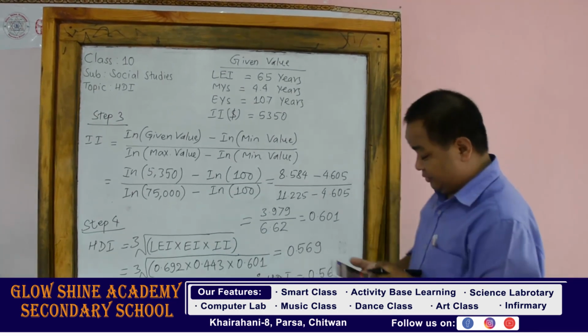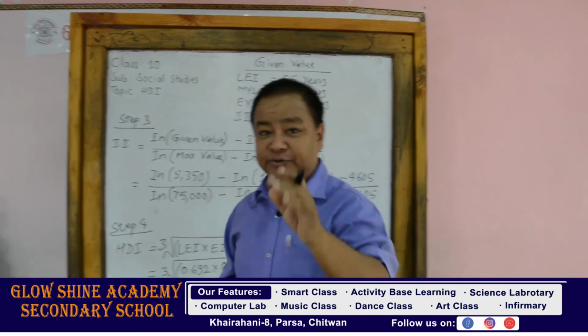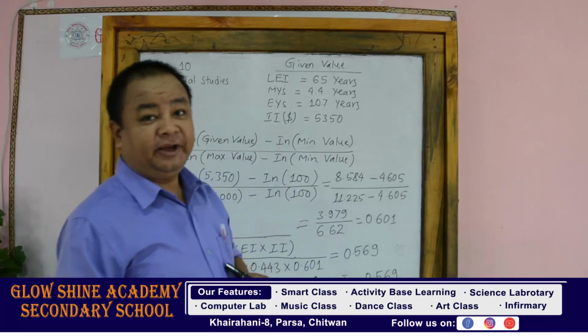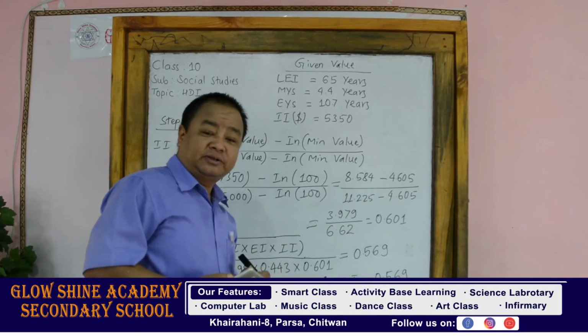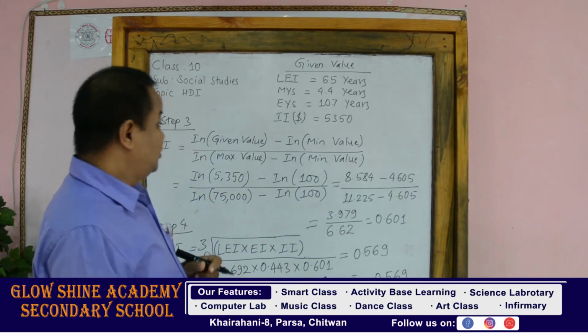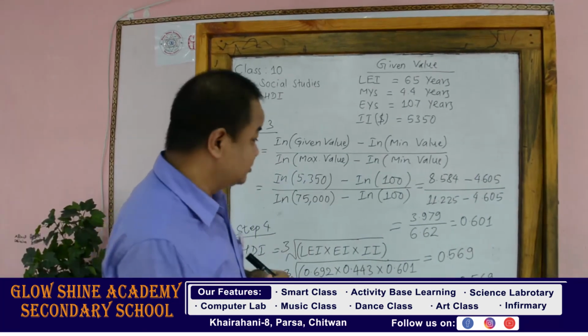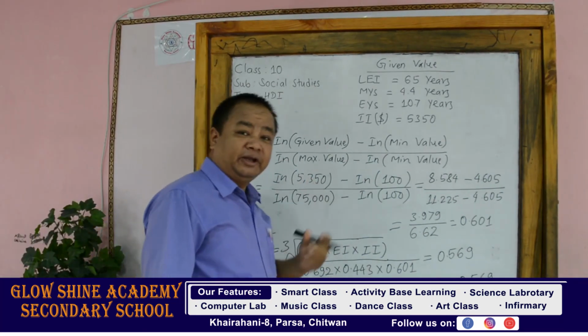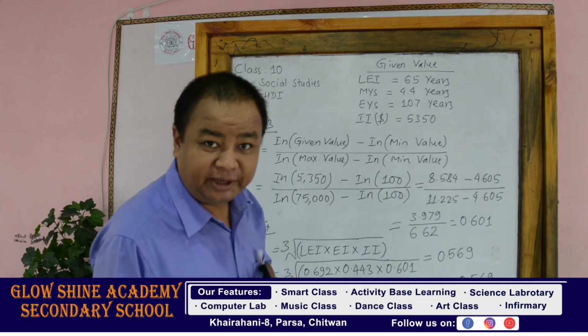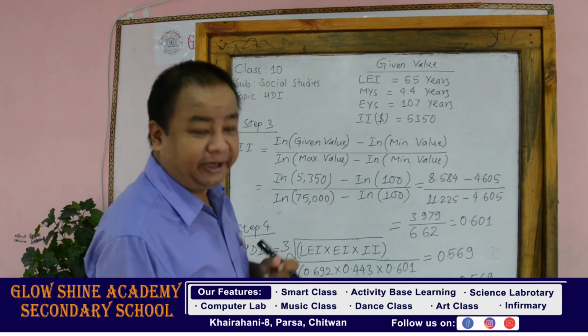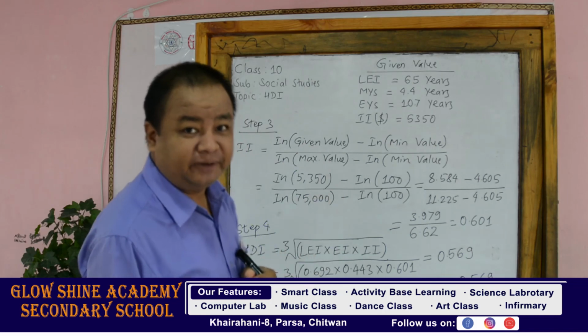Well, YouTube viewers, today in this part 2 video, we learnt how we can calculate the SDI of any country based on the given data. We learned the calculation of SDI.